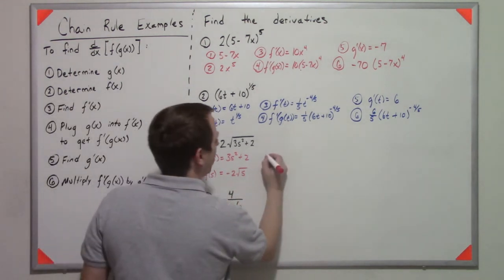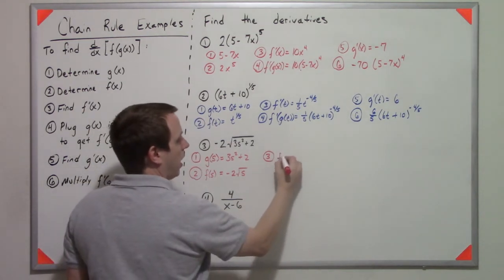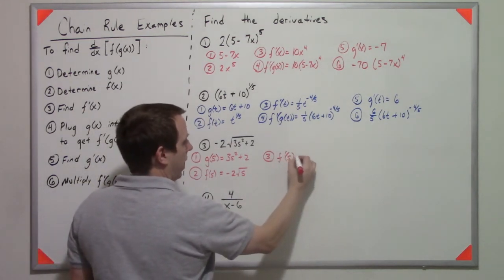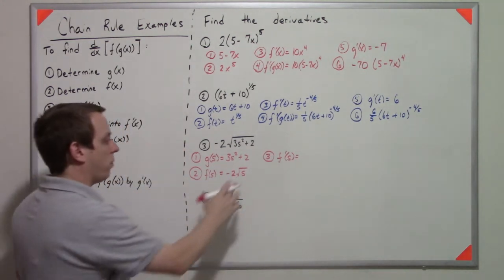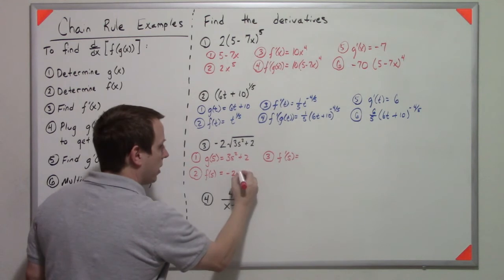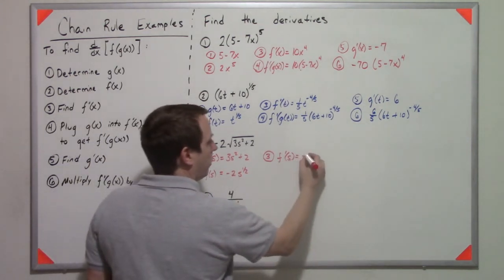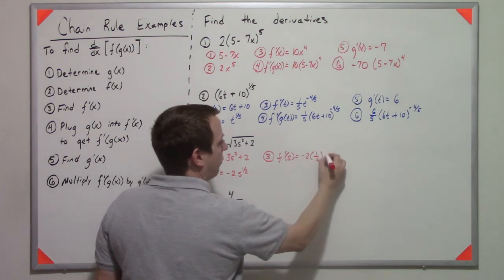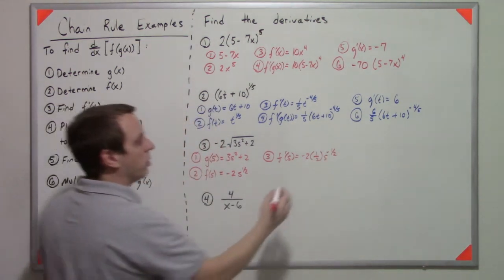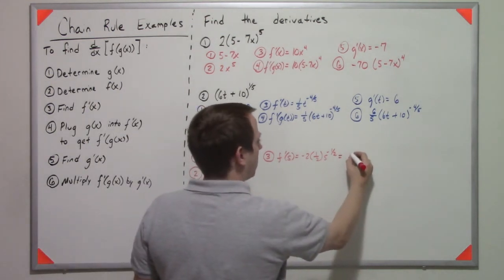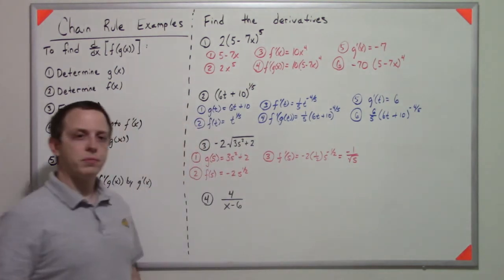So then I take f prime at s. Well, this is like s to the 1/2, right? So I could rewrite that as s to the 1/2. So that's -2 times 1/2 s to the -1/2, which is more easily written as -1 over the square root of s, right?